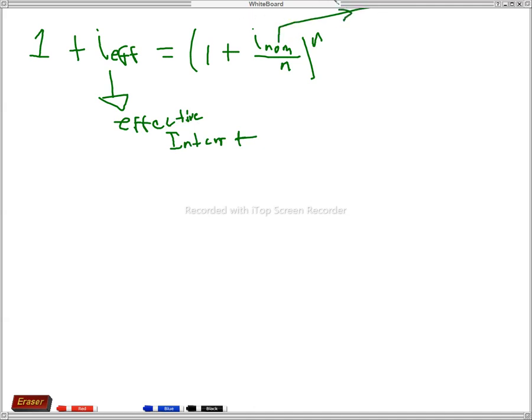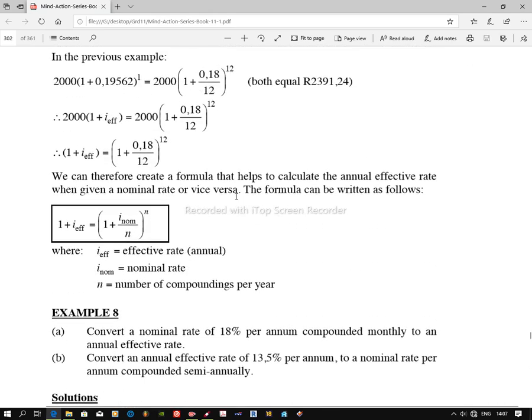And then this one here is the nominal interest rate. I'm lazy to erase it. You understand? So this formula is important for you. You must know it.